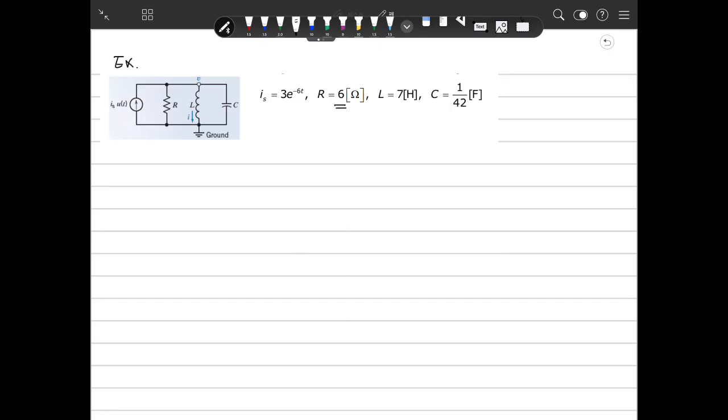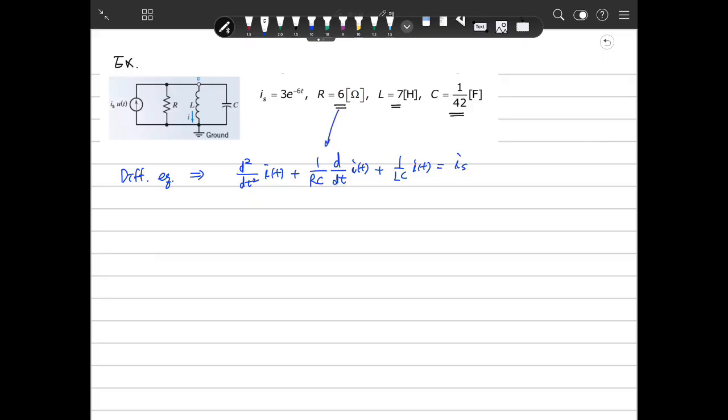When R is 6 and L is 7 and capacitance is 1/42, then we know the differential equation of this, you already studied it so many times: d squared i(t) plus 1 over RC di(t)/dt plus 1 over LC i(t) equals IS.